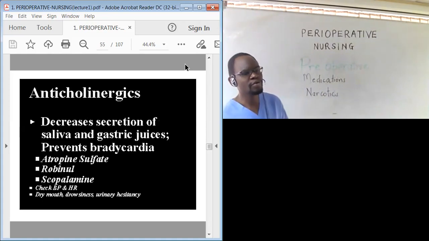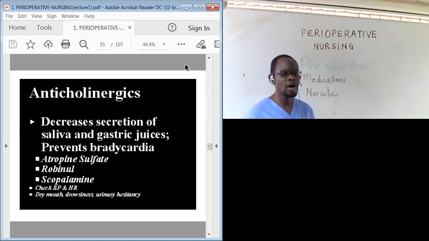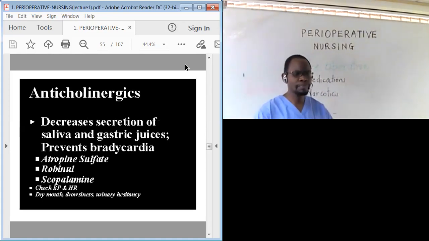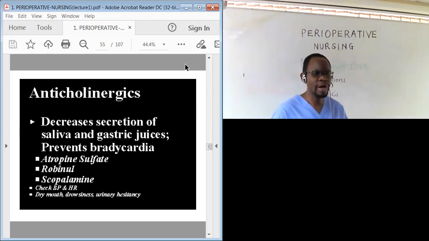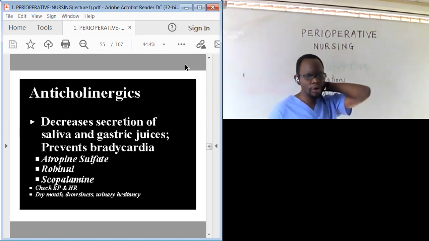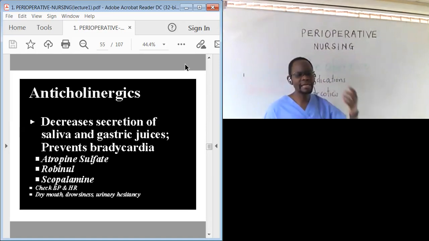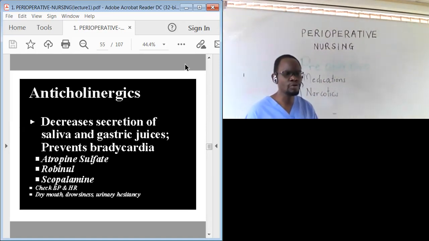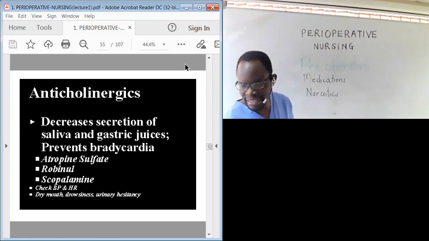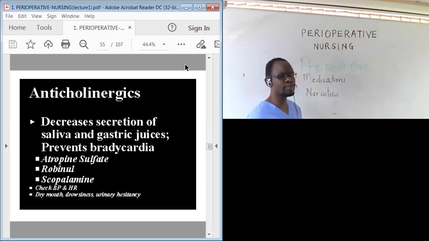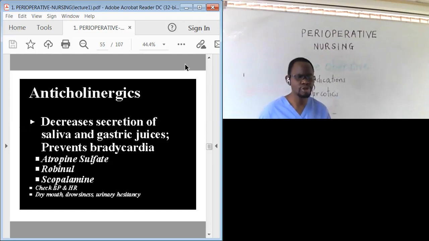Then we also have what we call the anticholinergics. Of course, you do this in pharmacology. I think you have not started with pharmacology, but if you have, maybe you have looked at the anticholinergics. If you have not started, you will come across them. In this context, the anticholinergics basically help to prevent or reduce secretions.